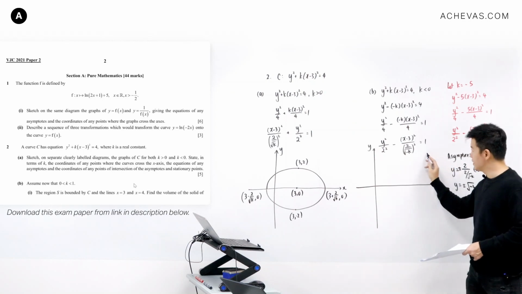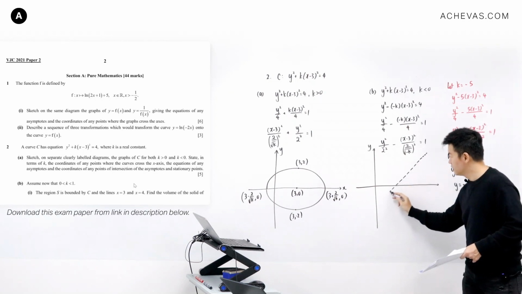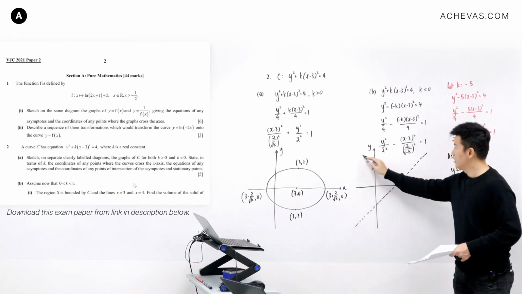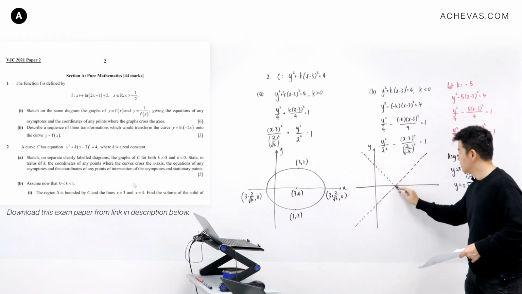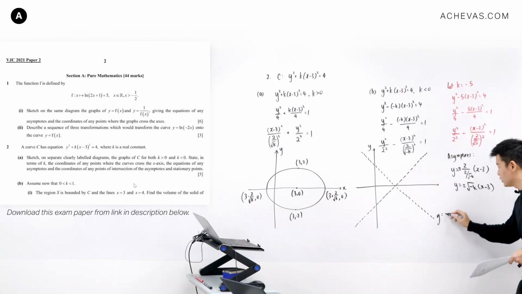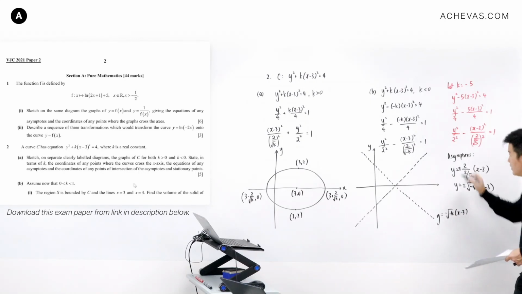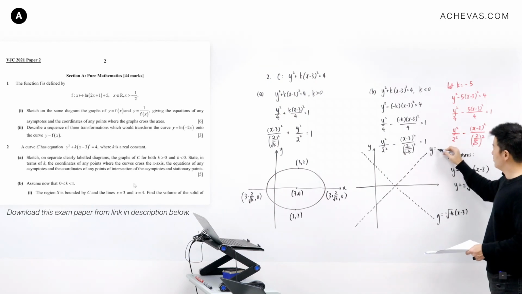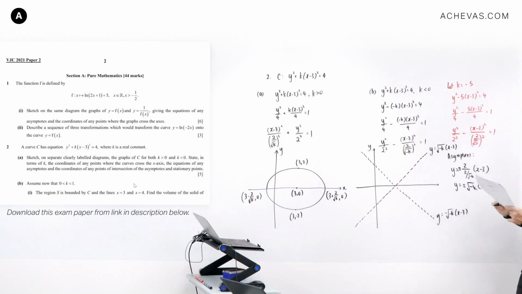So let me sketch in the asymptotes first. We have this, and we have this. Okay, this will be y is equal to minus square root of minus k, x minus 3. And this will be y is equal to positive square root of minus k, x minus 3.